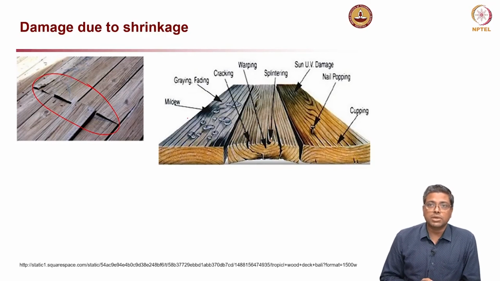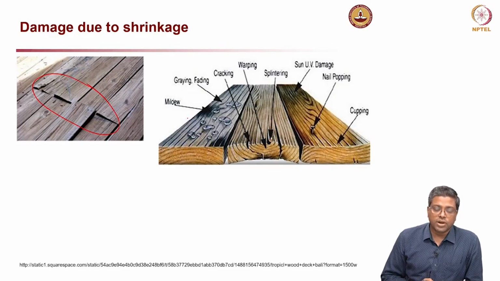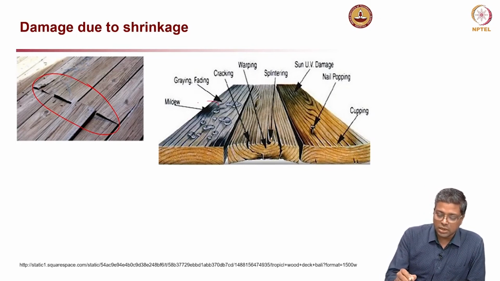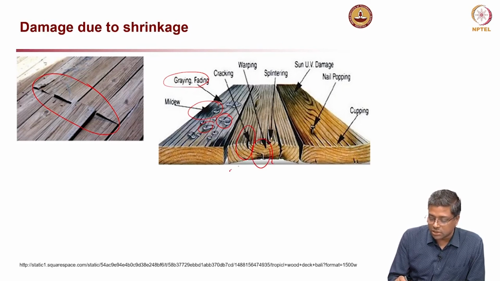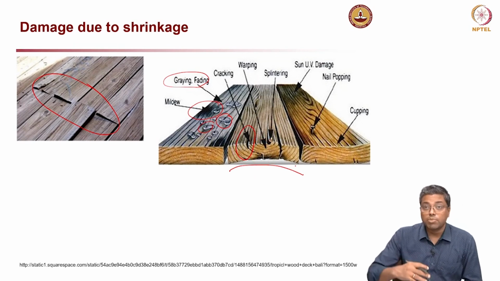The right side picture shows different types of problems experienced in such structures. You can see mildew or some fungal growth because of water droplets staying there, and then color also starts changing, fading, and here you can see cracking, and here warping. You can see that this wood has turned like this, it has warped, the shape has changed.